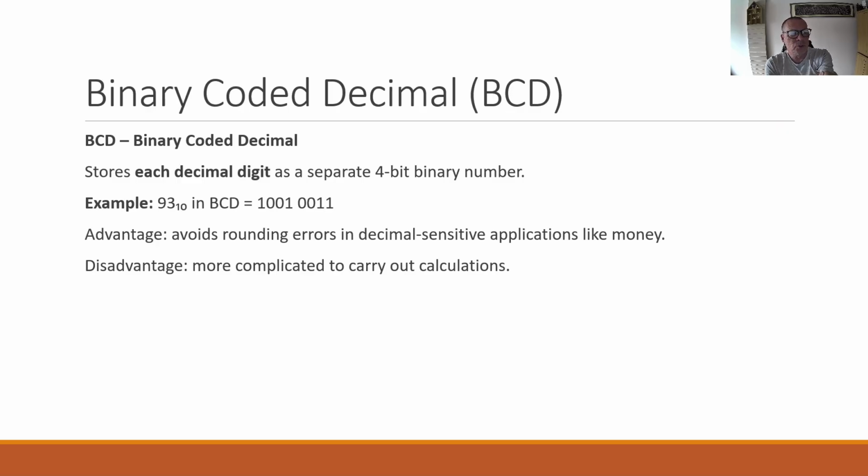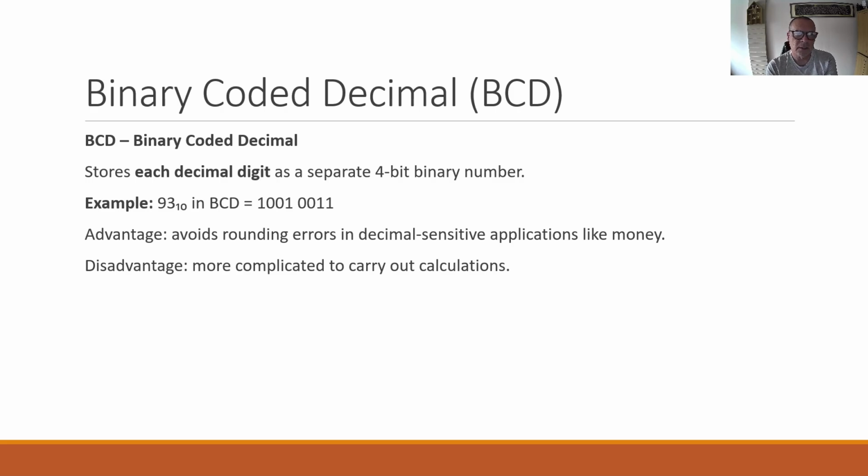One way we can store decimal numbers in binary, another way of looking at this, is with binary coded decimal. In this case, each individual digit in the decimal number is converted and stored as binary. So for example, the decimal number 93, we take the 9 and store that as 4 bits, and we take the 3 and store that as 4 bits.